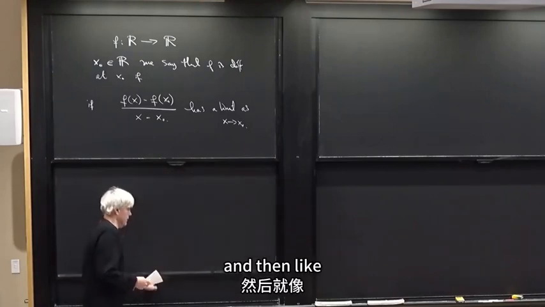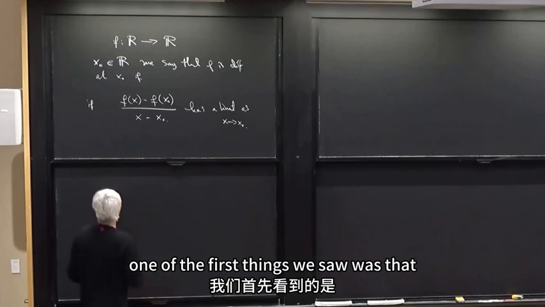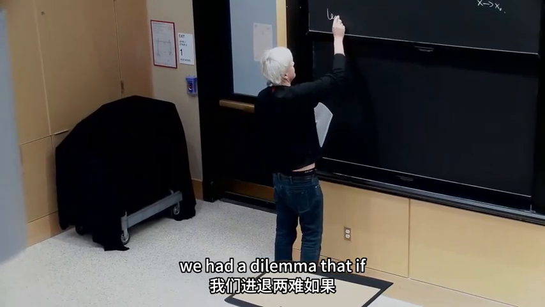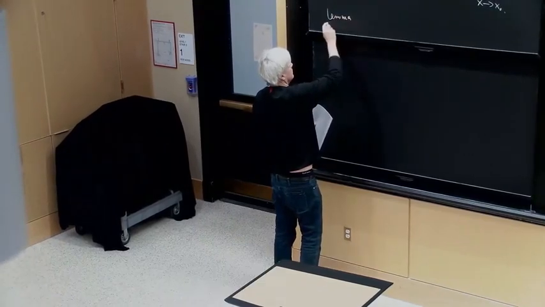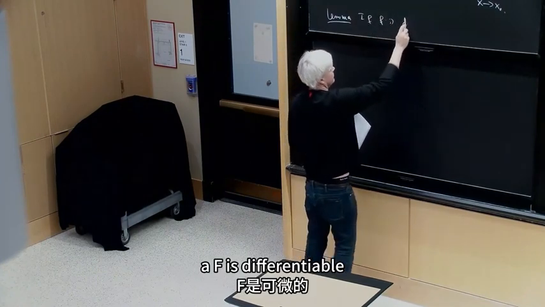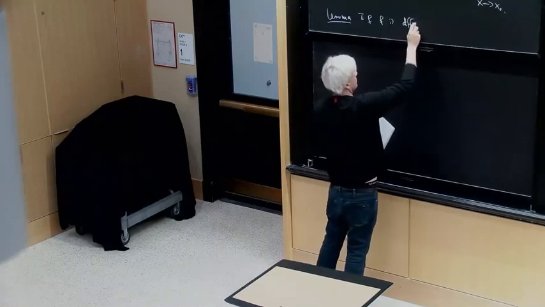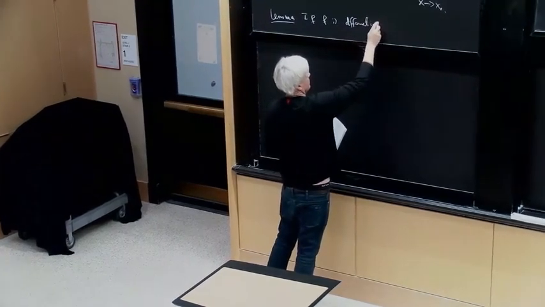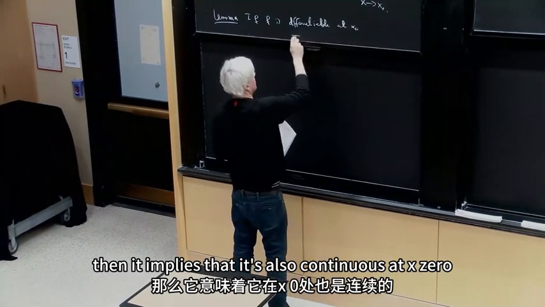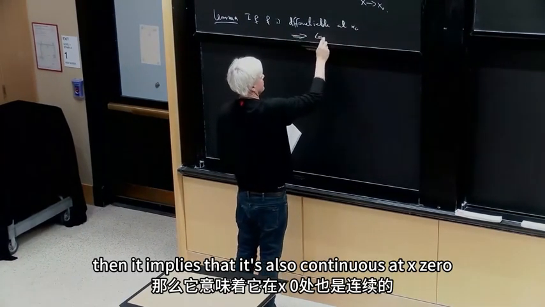And then one of the first things we saw was that we had a lemma that if f is differentiable at x0, then it implies that it's also continuous at x0.